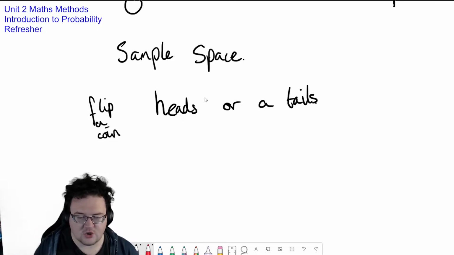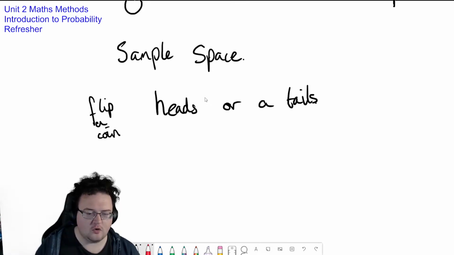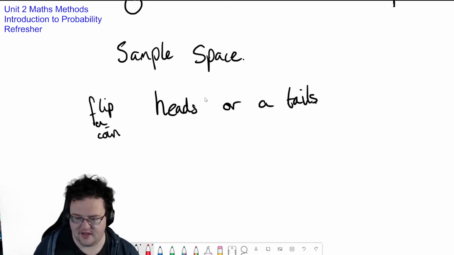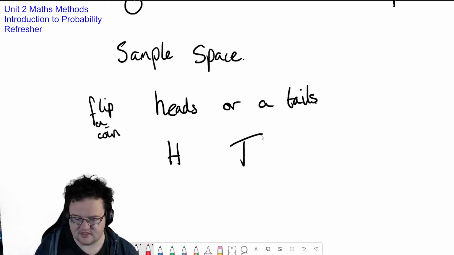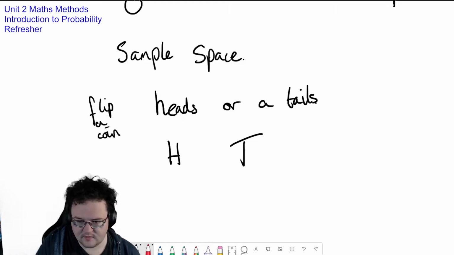So, when I talk about the sample space for flipping a coin, I want to know all the possible outcomes for flipping a coin. That would be either H for heads, T for tails. And we talk about that being the sample space.